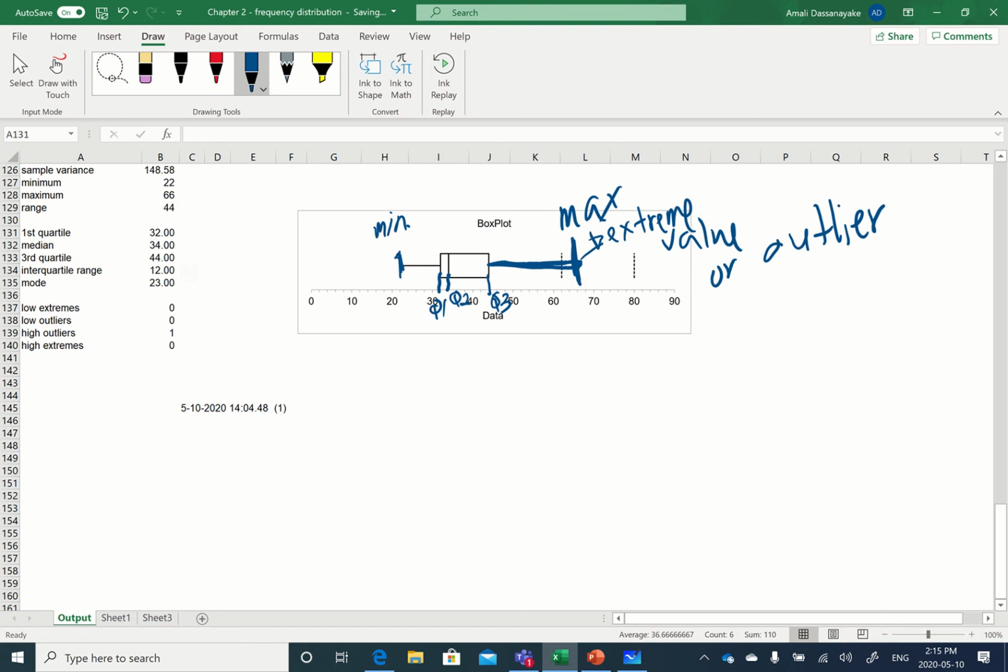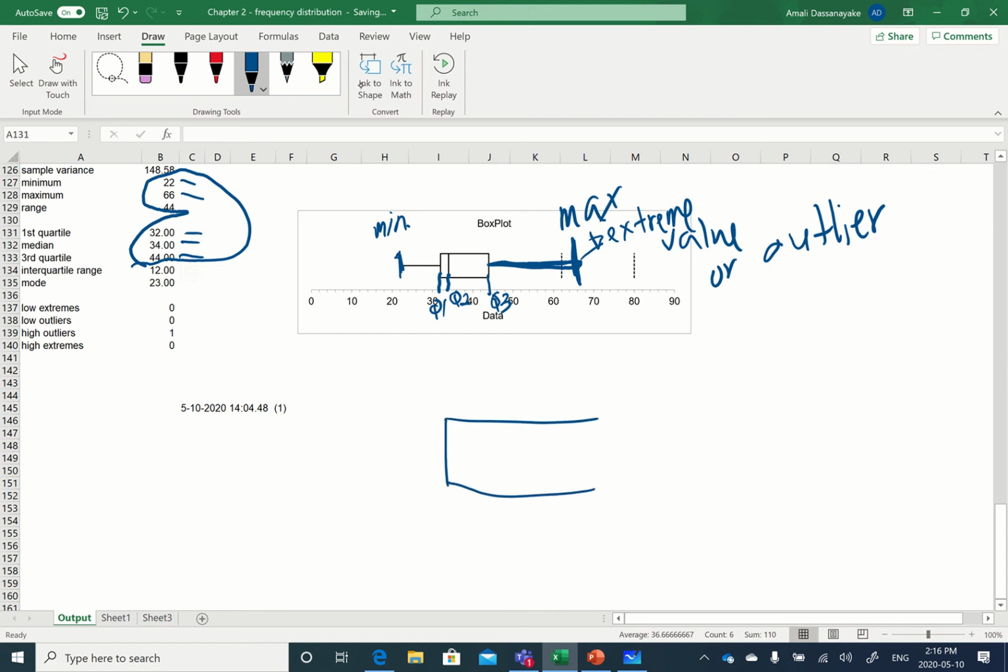So if I go back and recreate, 22 is the min, right? So 22 is the min, 66 is the max, 32, 34, 44. So these are the numbers we use to create our box plot. Basically this helps us identify the shape of the distribution.